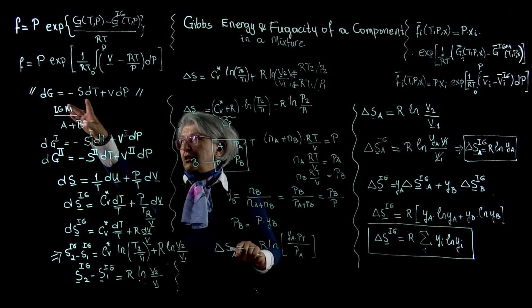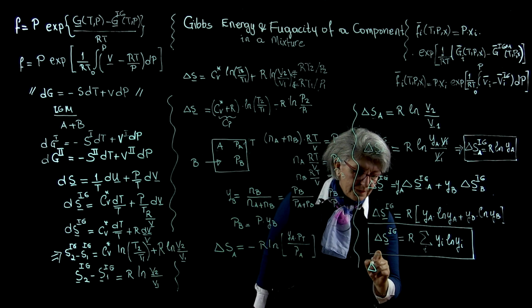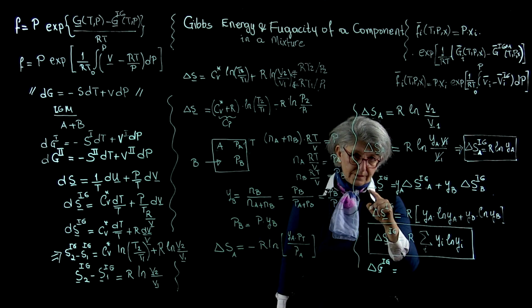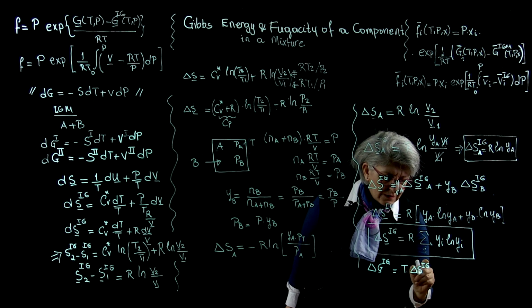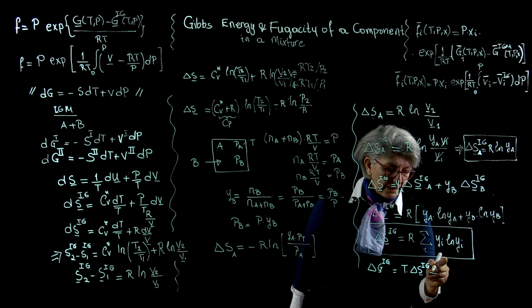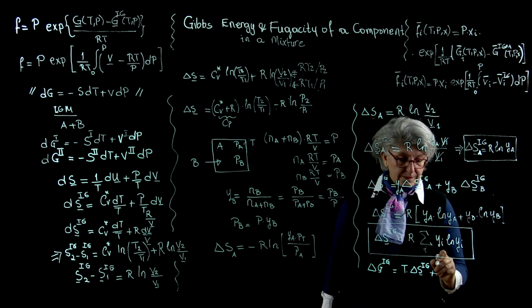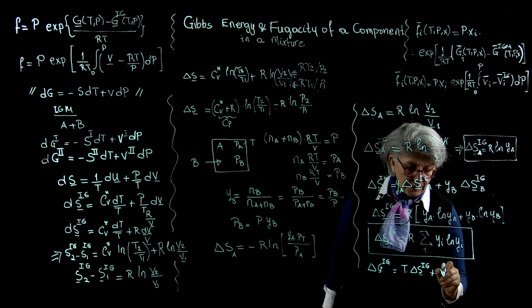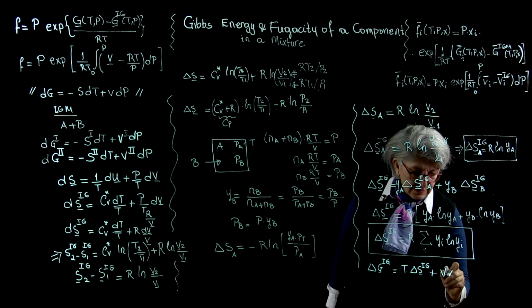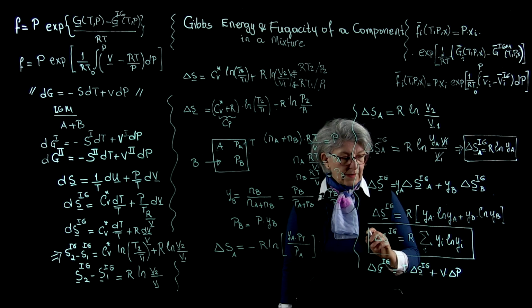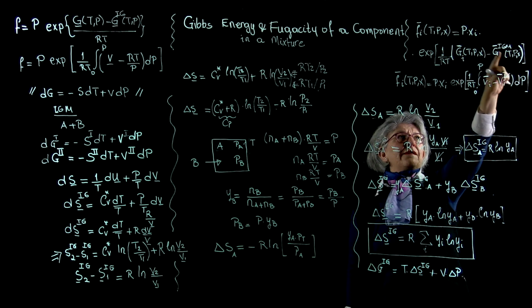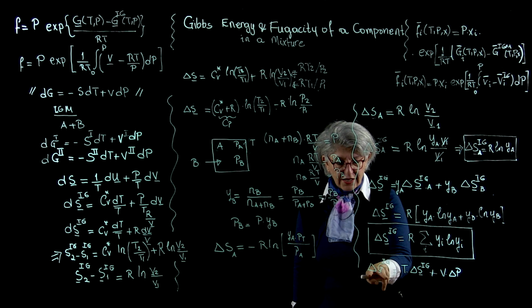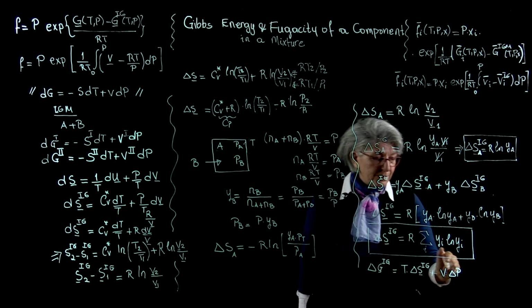If this is so, let's look at the Gibbs free energy. Delta G of ideal gas mixture is going to be, at constant temperature, T times delta S ideal gas mixture plus V times delta P. So again, we are looking for the Gibbs free energy change of an ideal gas at constant temperature and pressure.